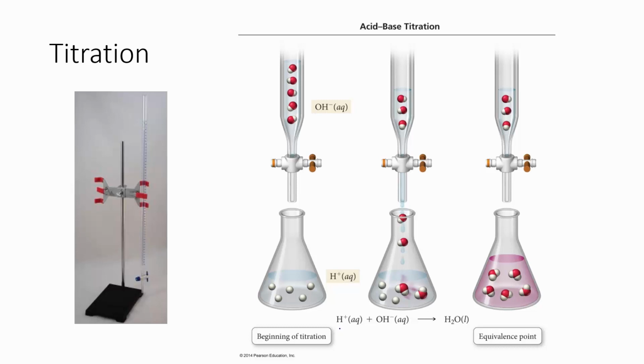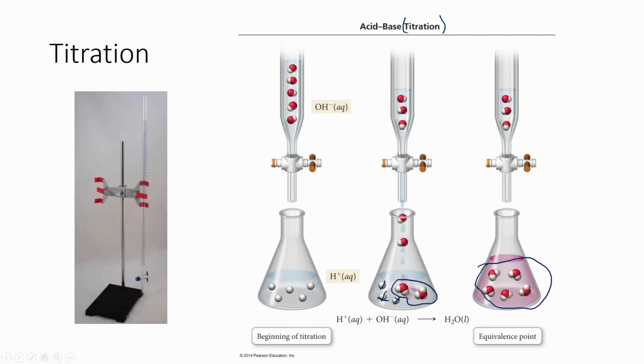So there's a special kind of acid-base situation that we take advantage of a lot in trying to analyze unknown substances. And this is an acid-base titration. Here's where we take advantage of the fact that the reaction between acids and bases gives us water and a neutral solution that isn't acidic or basic only when I've used up all of the hydrogen ions and I have nothing but water molecules left.